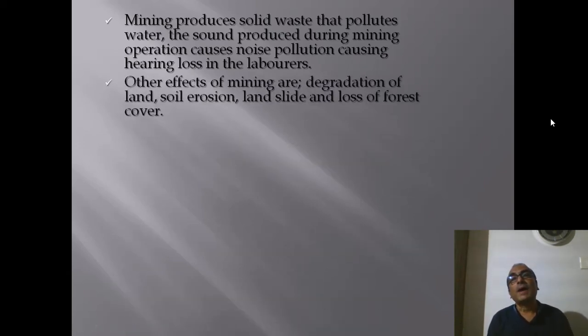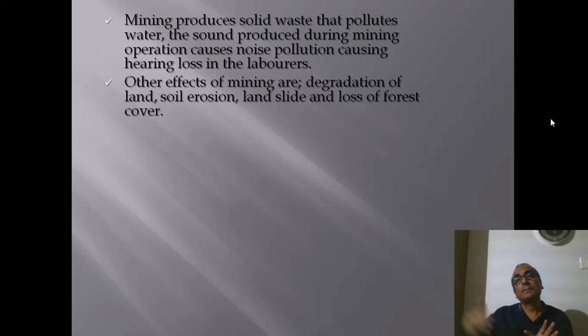Other effects of mining are degradation of the land, which is a very important resource. It causes degradation of the land, soil erosion, and may also lead to landslides and loss of forest cover, because a large area of land is selected where the forest is cleared, and then deep cuttings and digging in the earth's crust are done.